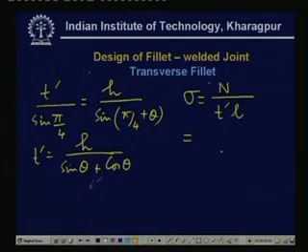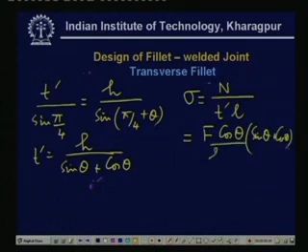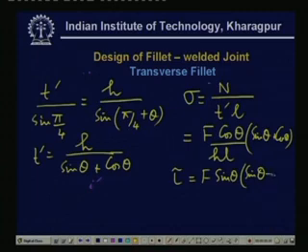So, this is equal to, as I discussed, F cosine theta times sin theta plus cos theta divided by h L. You have tau is equal to F sin theta plus cosine theta divided by h times L. Sorry.